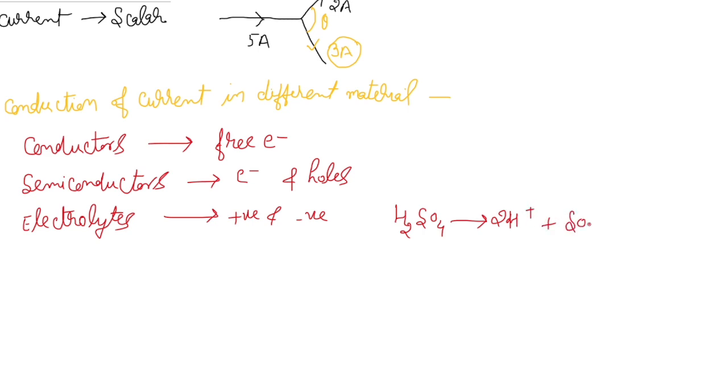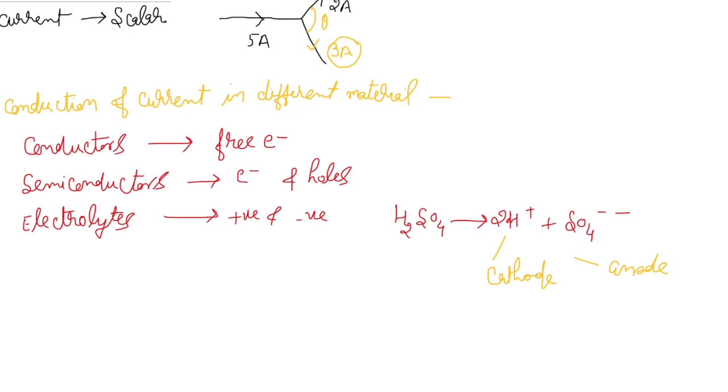So 2H plus ion and SO4 di-negative ion. And in this condition, 2H plus ion will move to cathode, and SO4 di-negative ion moves to anode. That's why due to motion of the charge carriers to cathode and anode, conduction will take place in electrolyte.